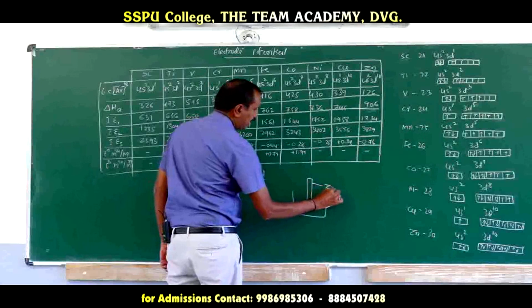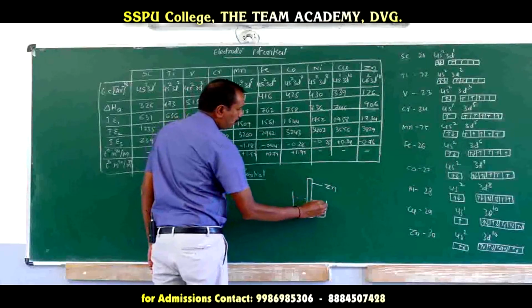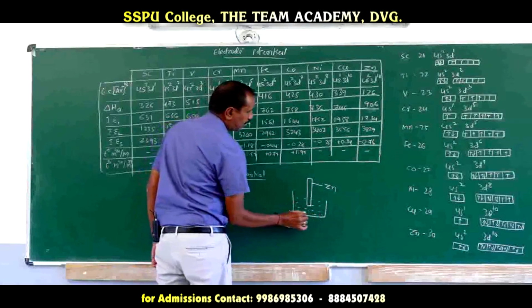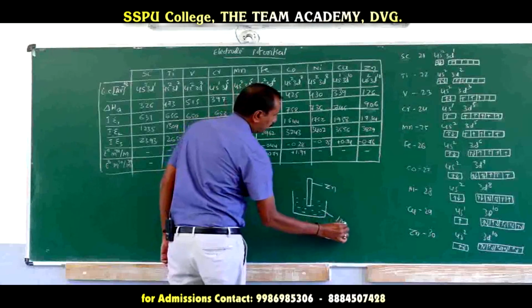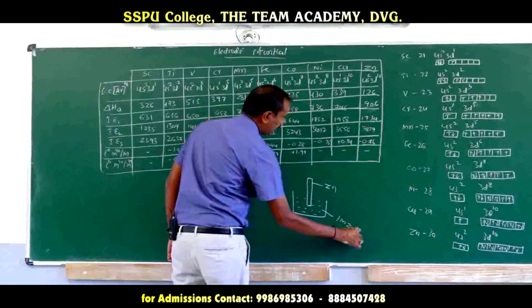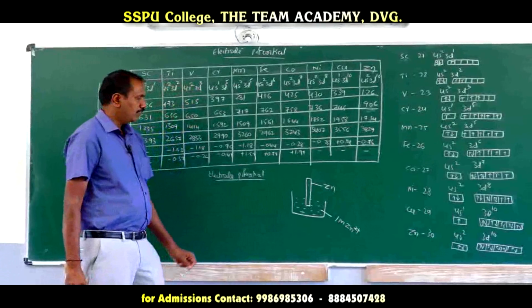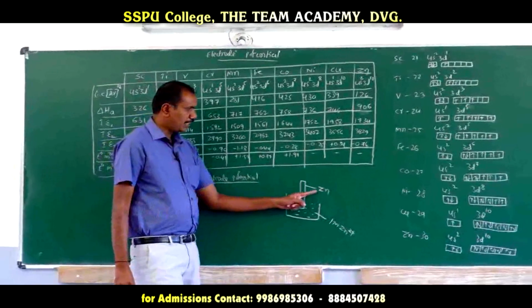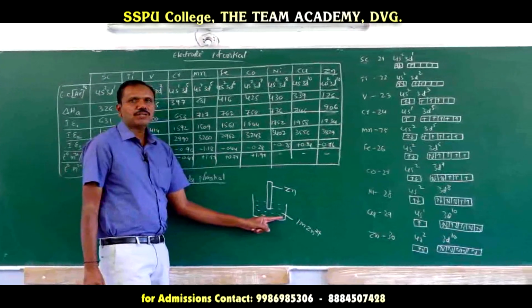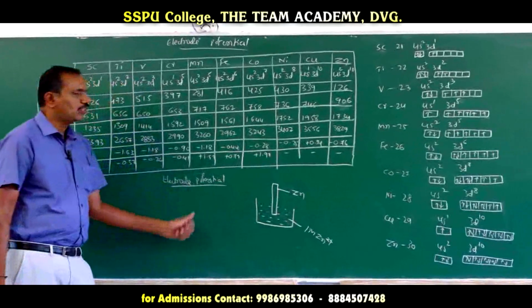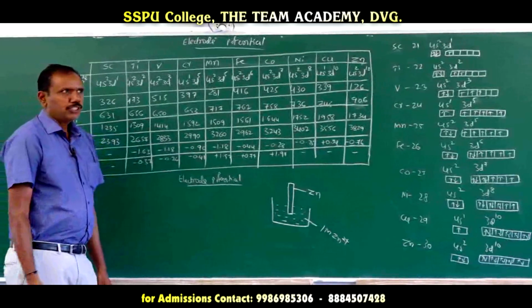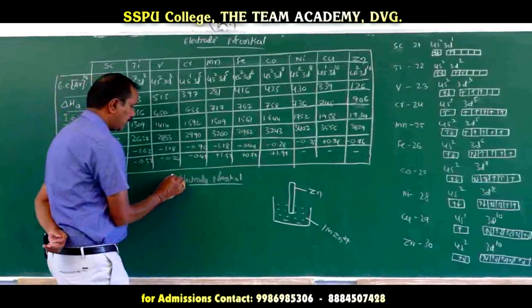For example, zinc is in contact with 1 molar Zn2+ ions. The potential developed when the metal is in contact with a solution of its own ion is called electrode potential. So, what is standard electrode potential?